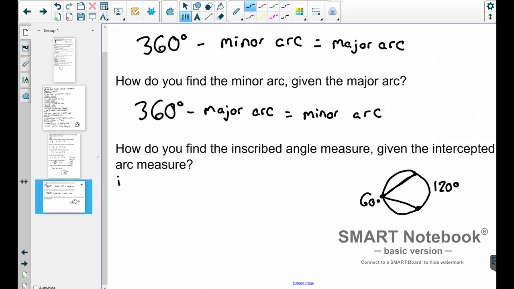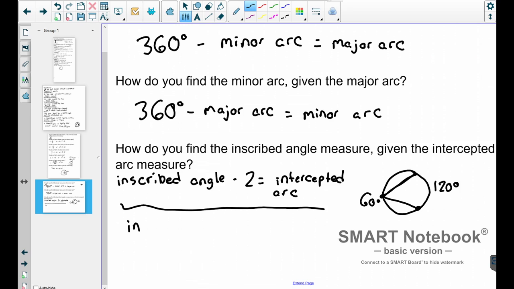We say the inscribed angle times 2 is equal to our intercepted arc, which means our intercepted arc divided by 2 equals our inscribed angle.